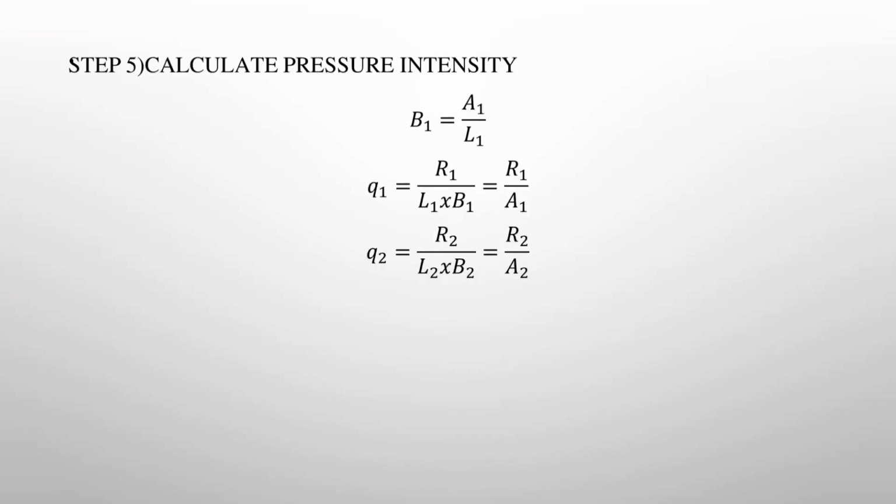Next step is to calculate the pressure intensity, that is B1 equal to A1 divided by L1. So from here q1 equal to R1 divided by L1 into B1, which is equal to R1 divided by A1. Similarly, q2 equal to R2 divided by L2 into B2, which is equal to R2 divided by A2.